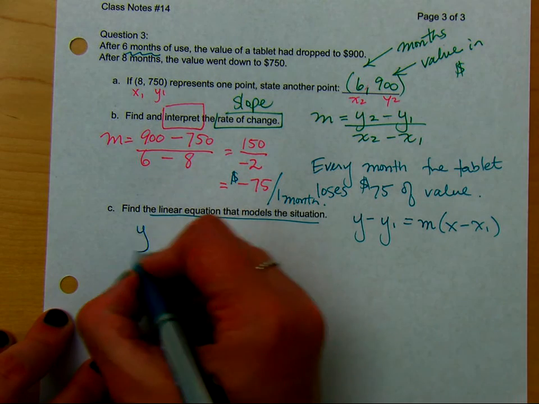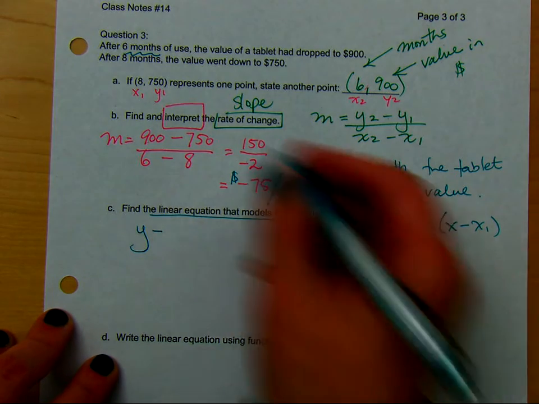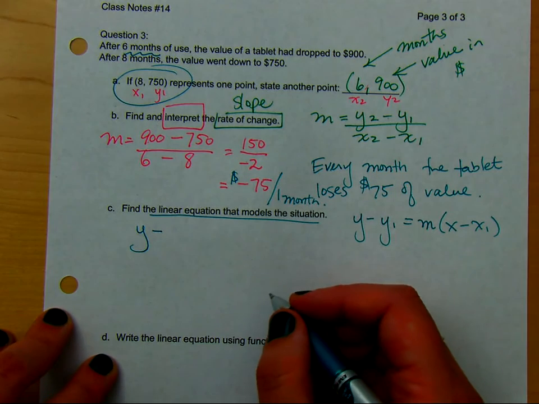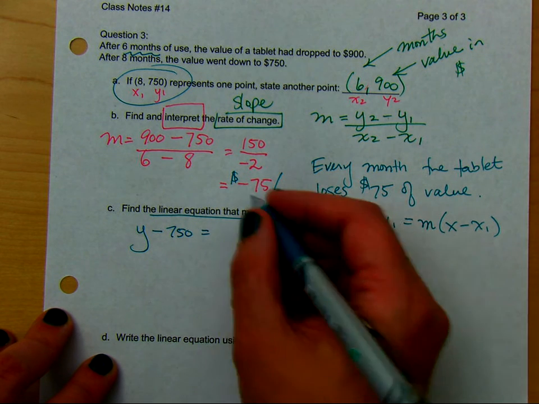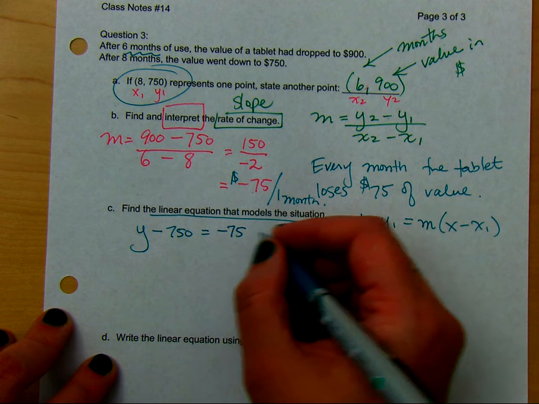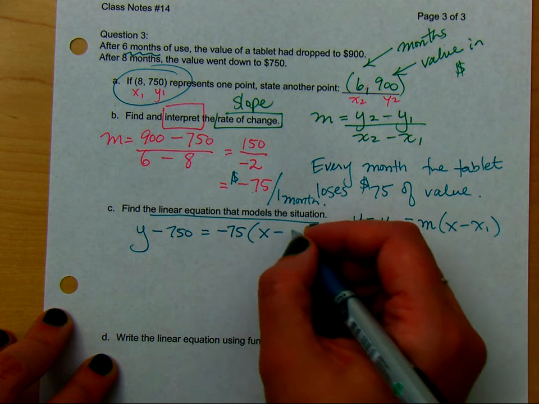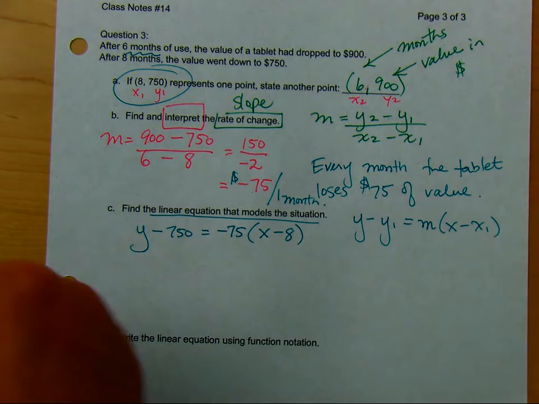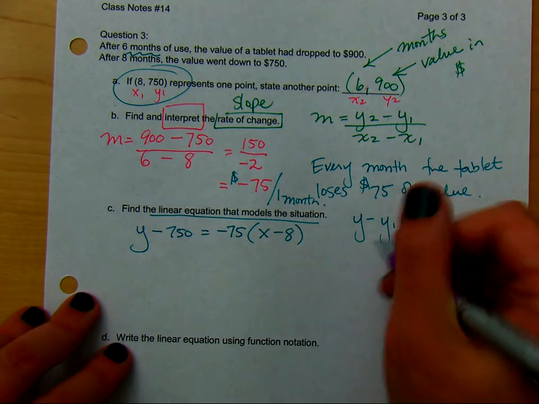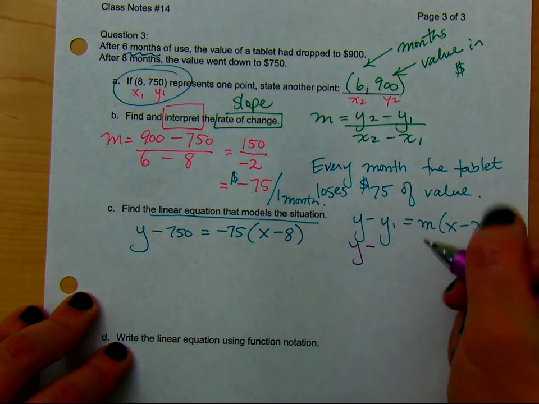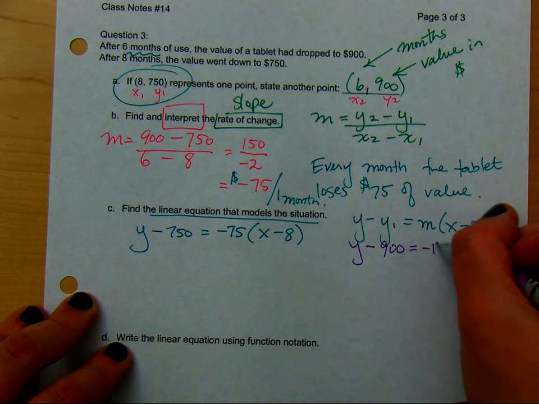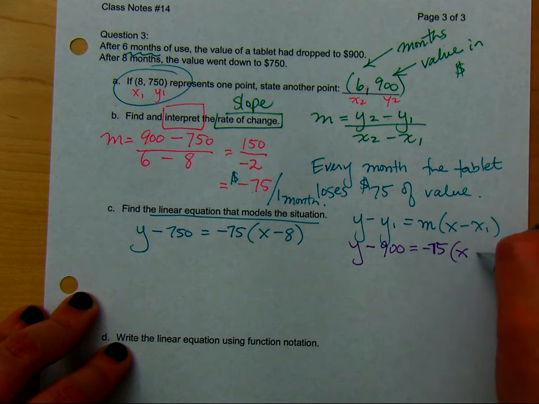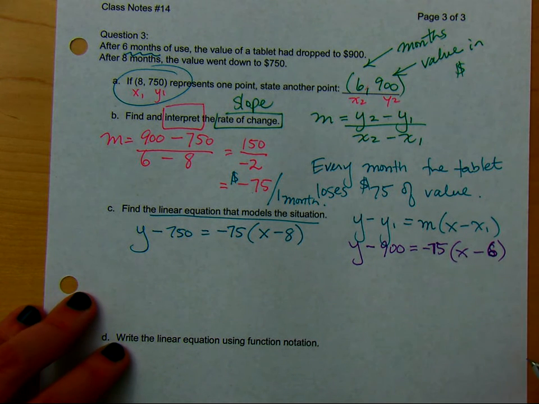So we go y minus, let's just use this point, y minus 750 equals -75, that's the slope, times x minus 8. You should get the exact same answer if you go y minus 900 equals -75 times x minus 6. Oops. Don't mix up the points.